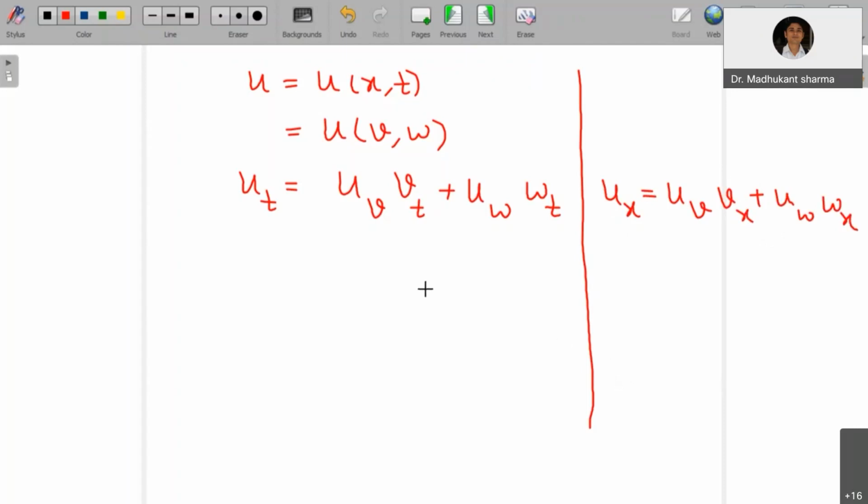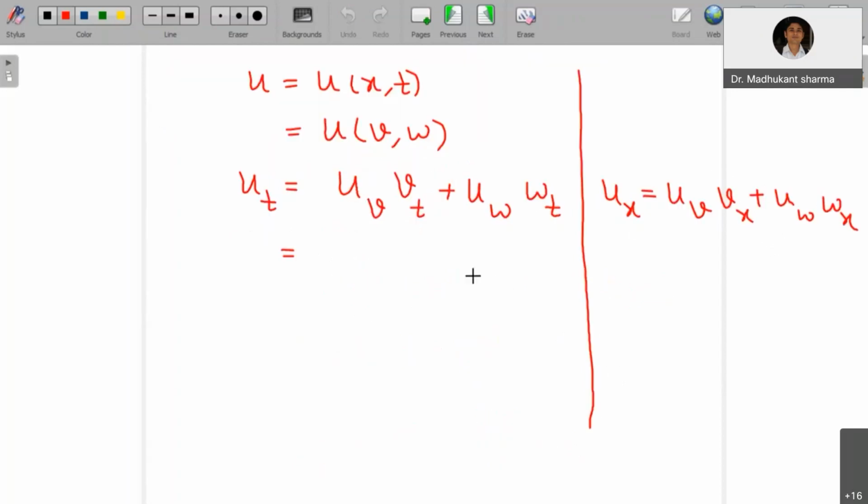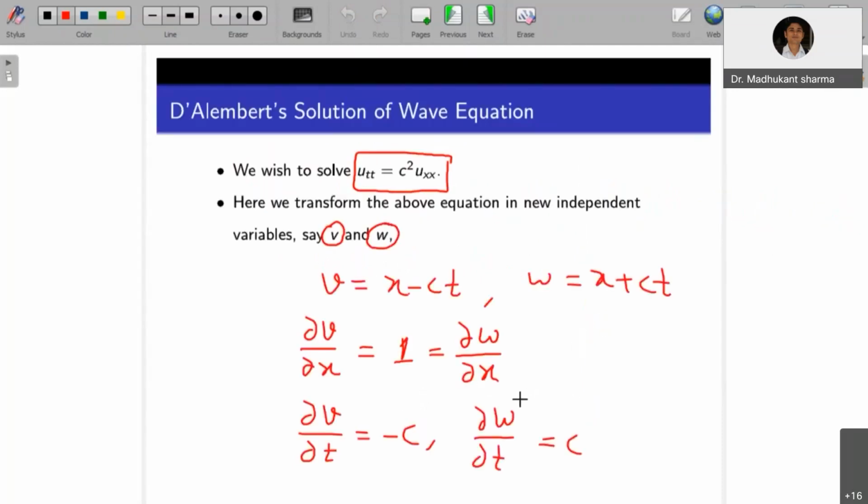Now grab the above information. Just now we derived v_t is minus c and w_t is plus c. So ut is c times, minus u_v plus u_w, since w_t is c and v_t is minus c.